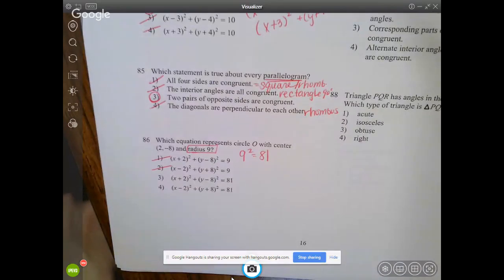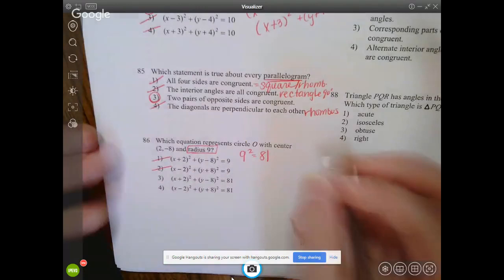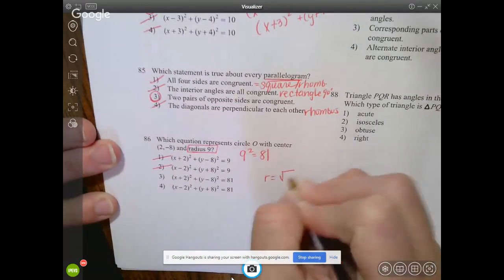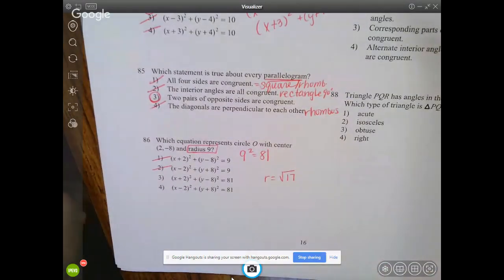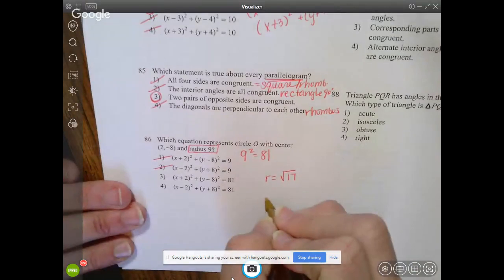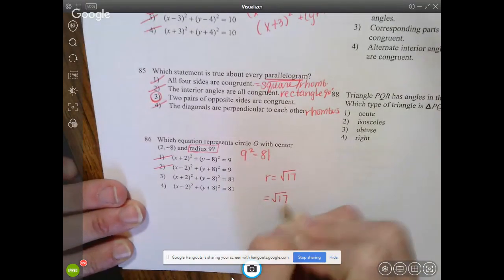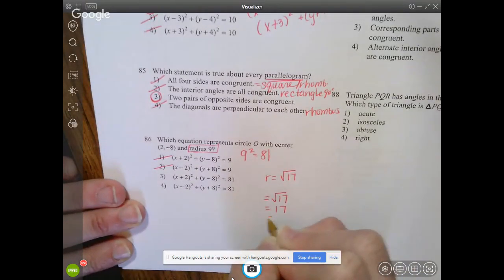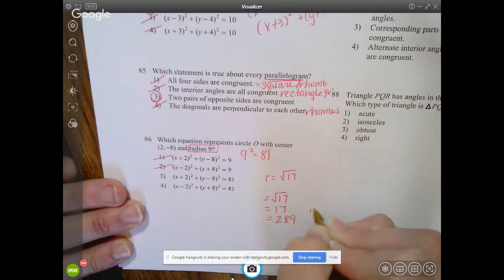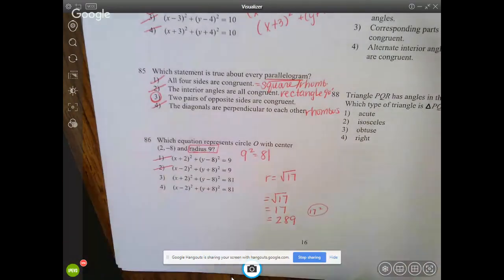Now, before I go on, I want to show you something that they might do to trick you. They might tell you that the radius is something like the square root of 17, and they might give you answer choices: equals the square root of 17, equals 17, and then equals 289, which happens to be 17 squared.